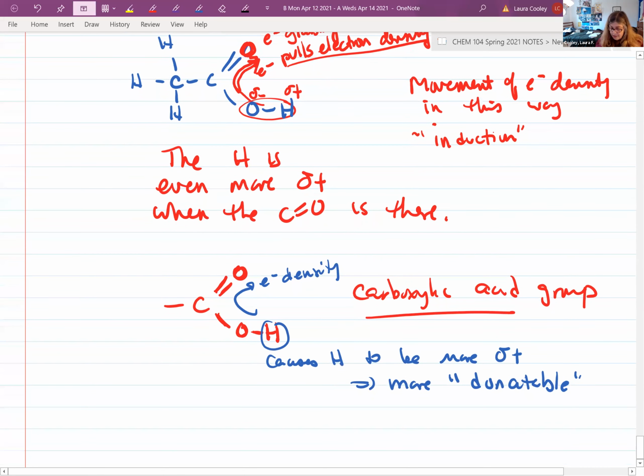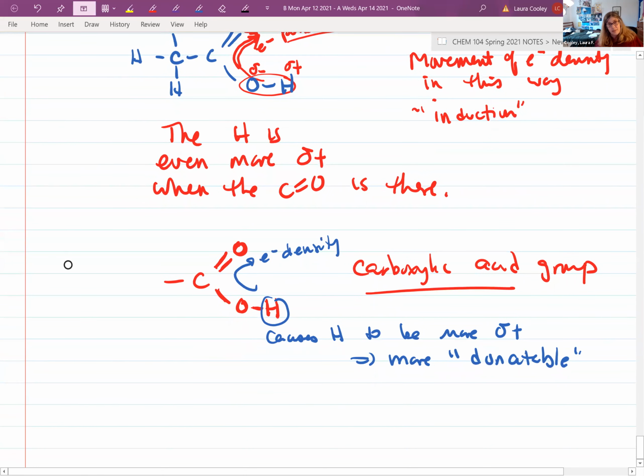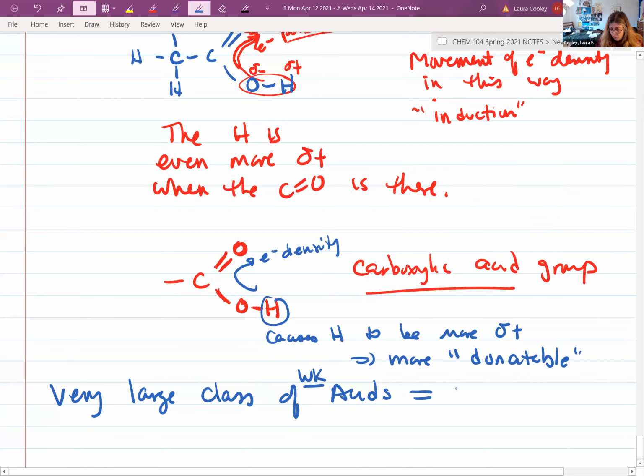And so it makes acetic acid be an acid, whereas ethanol is not an acid at all. So that's a very large class of acids, of weak acids, called carboxylic acids.